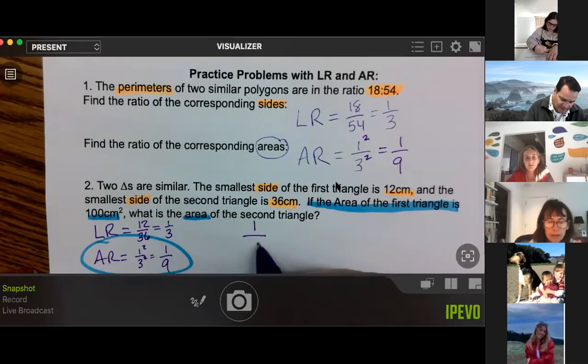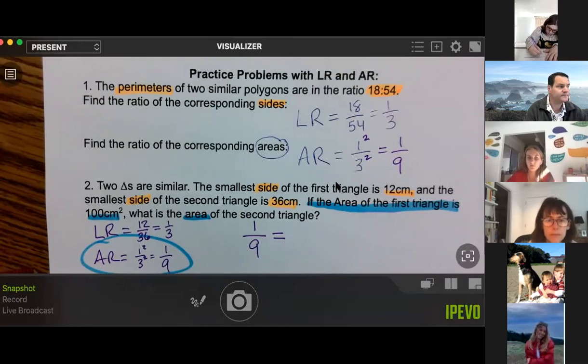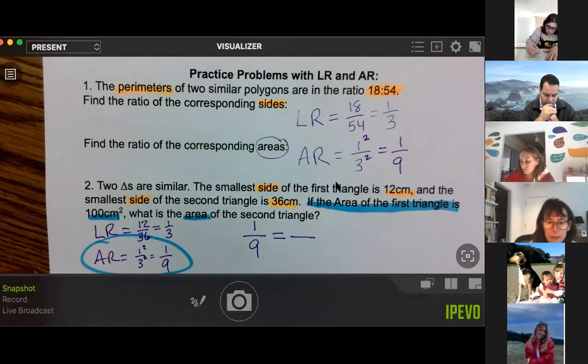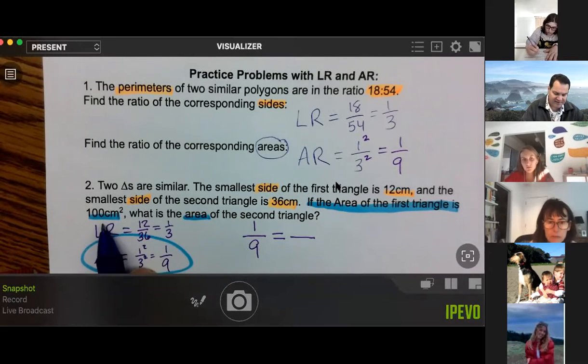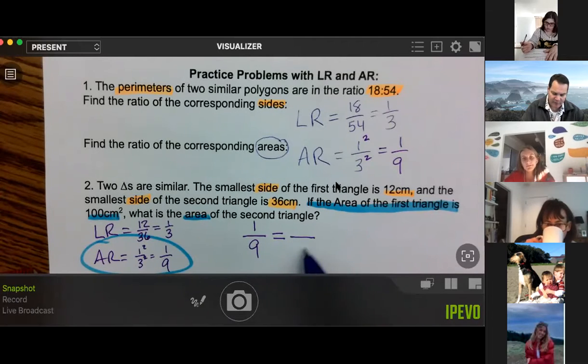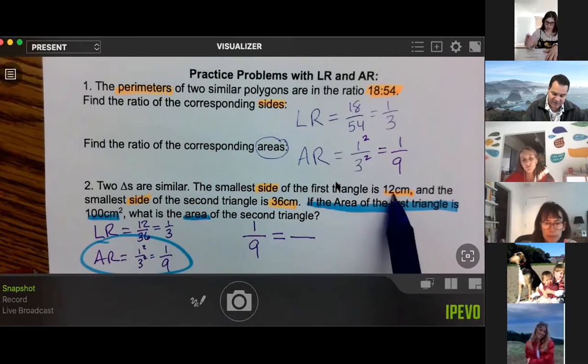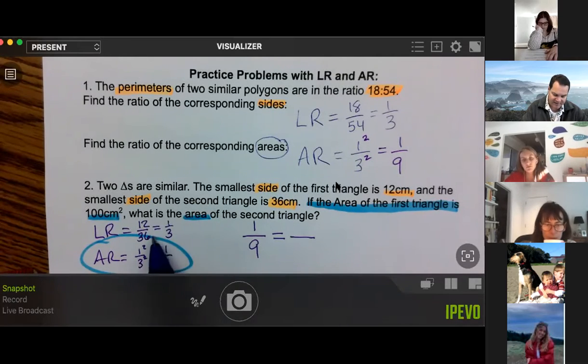I'm just going to say 1 over 9 equals. I've got my ratio, and I'm going to make a proportion, which is an equation of two ratios. And the other number they gave us is 100 centimeters squared. So that's going to go in either the top or the bottom. It depends upon the circumstance and the way it's phrased to decide whether it goes on top or the bottom. Initially, it said the first triangle is 12 and the second triangle is 36.